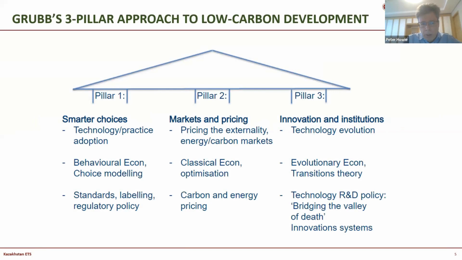Grubb states that for low carbon development there really need to be three pillars. Pillar one deals with standards, labeling, and regulatory policy. Pillar two focuses on using markets and pricing. Pillar three focuses on innovation and building institutions.